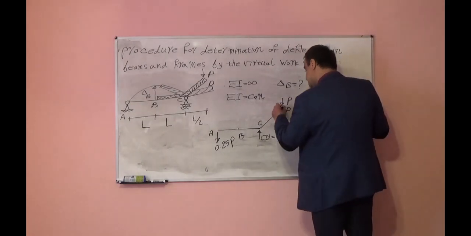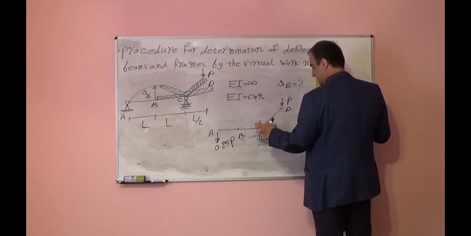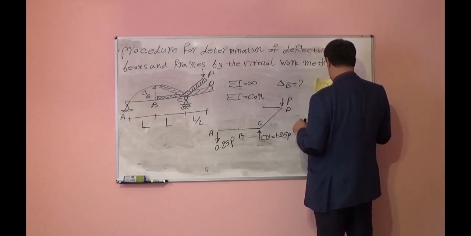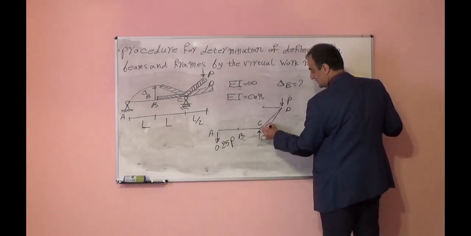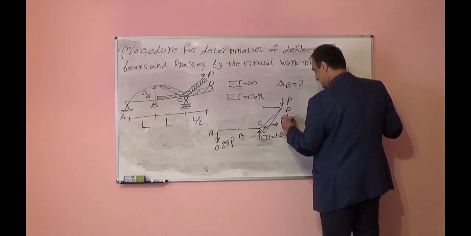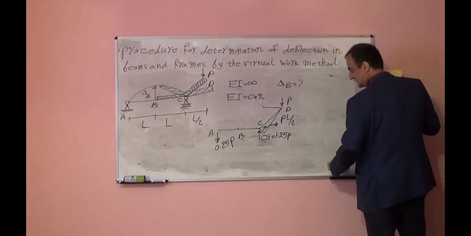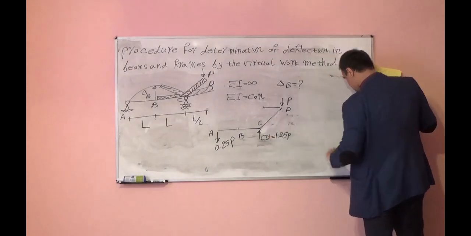That distance which is perpendicular to the load. So from C to D, that distance will be L over 2. So here the moment will be minus P L over 2. Let me show the reactions here.